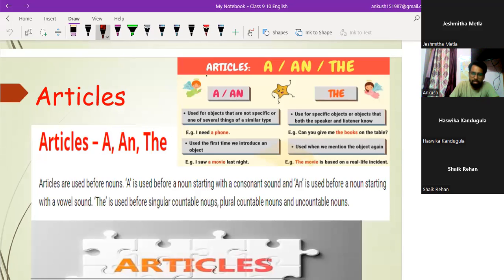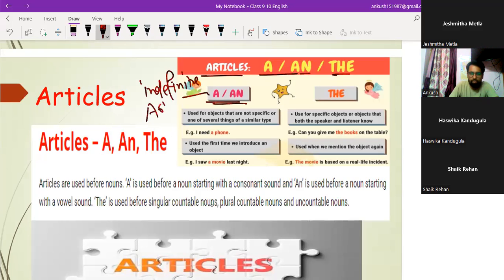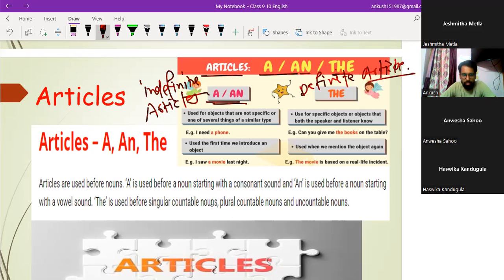So, how many articles are there? A, an and the. A and an are called indefinite articles. And this one, the, is called the definite article.